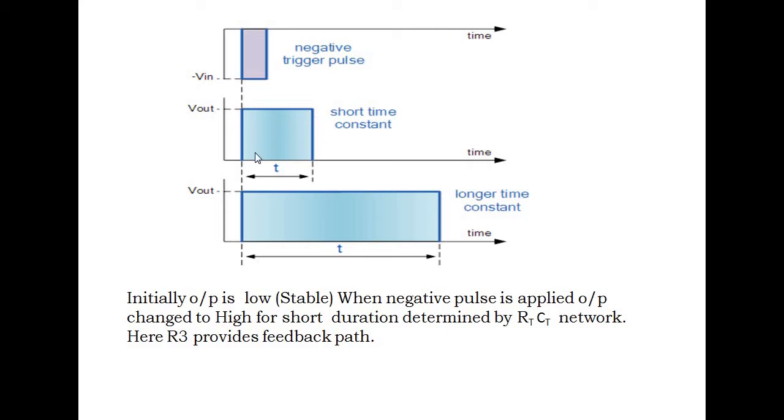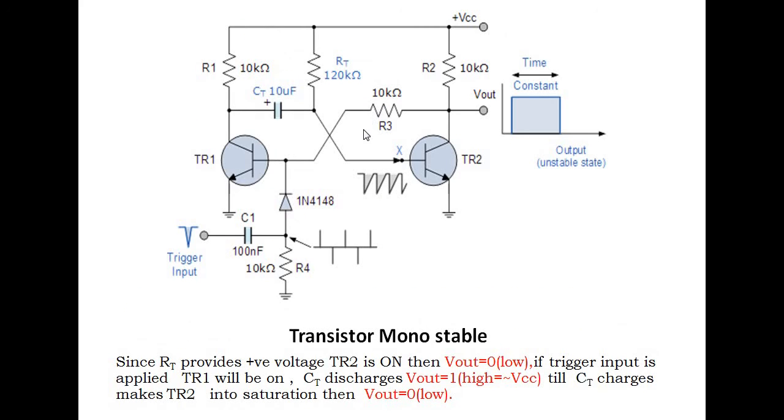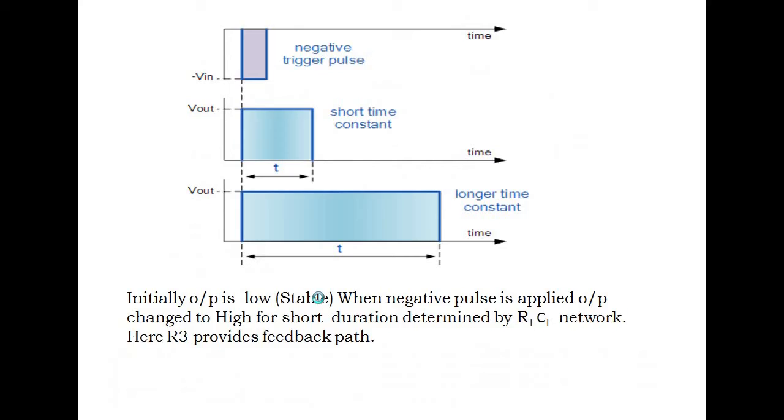The duration of this high pulse is determined by RT and CT. Here R3 provides the feedback path. Where is the R3? Look at here. This is the R3, the feedback path from the collector of TR2 to TR1.